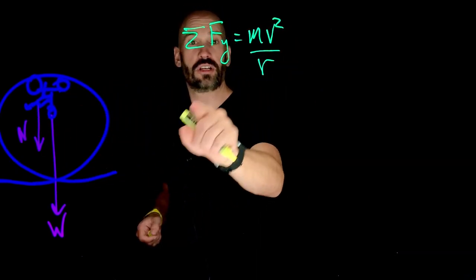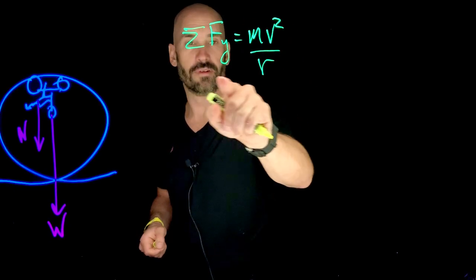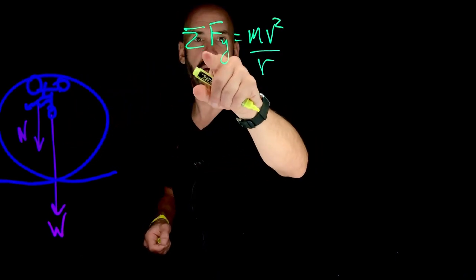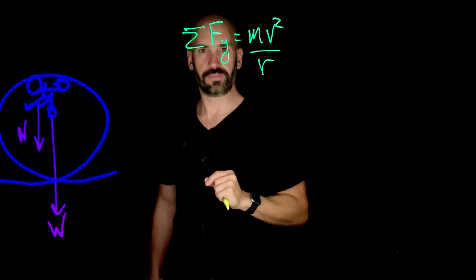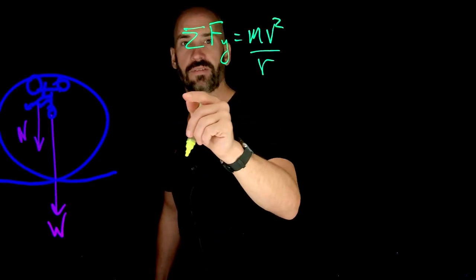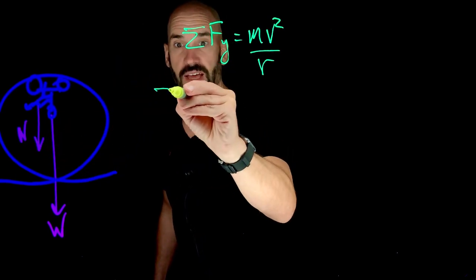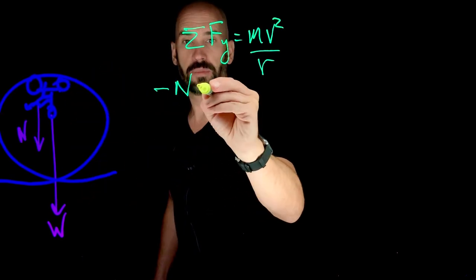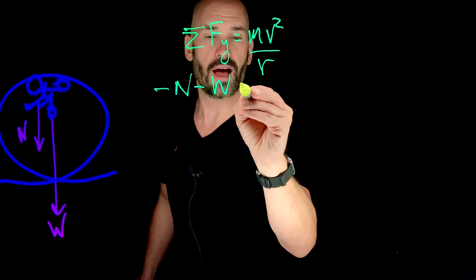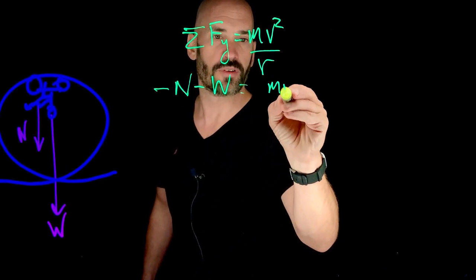Because this is circular motion, we adjust Newton's second law to say that these forces combine to create a centripetal force. In this case, we have a negative N, and we have a negative W going down. We have nothing in the positive direction, and that all has to equal mv squared over r.